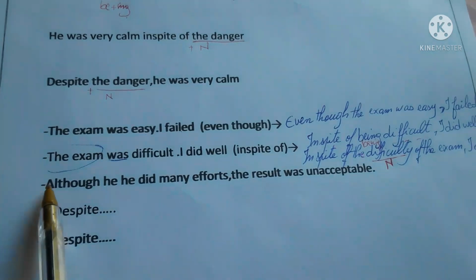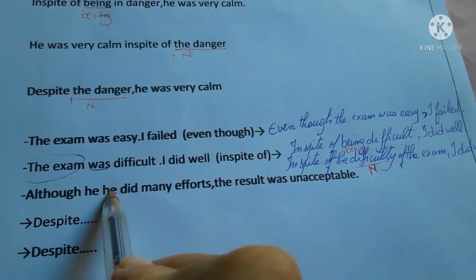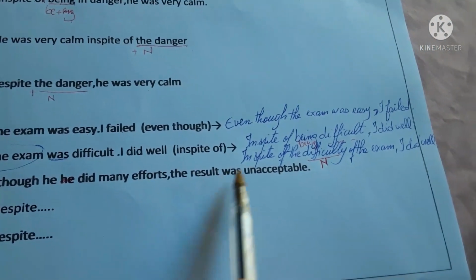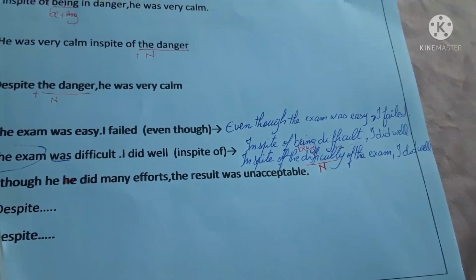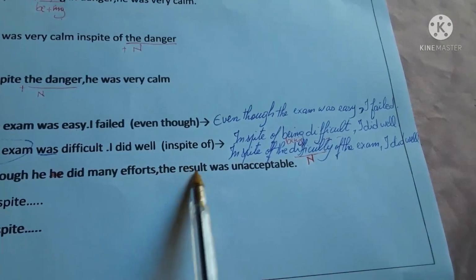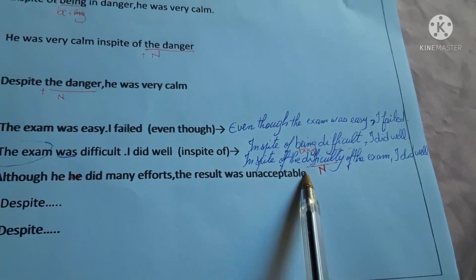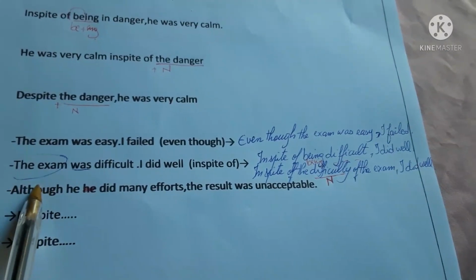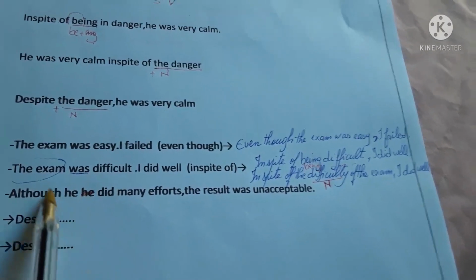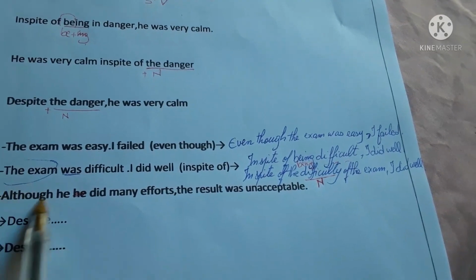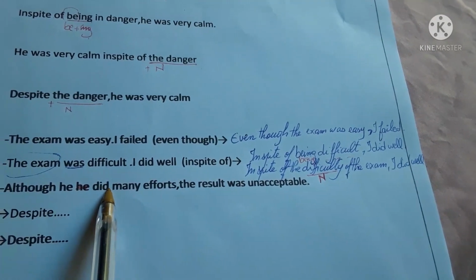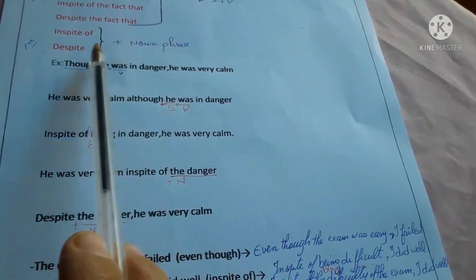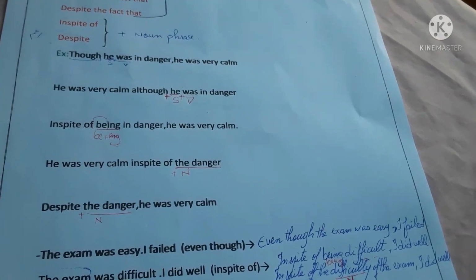There is another example. Although he did many efforts, the result was unacceptable. We can replace, or we will write the sentence replacing although, which is used with a verb phrase. بنعاودو نكتبو نفس الجملة ونبدلو although اللي نستخدمو مع subject plus verb نستخدمو despite اللي هي تجي مع noun phrase.